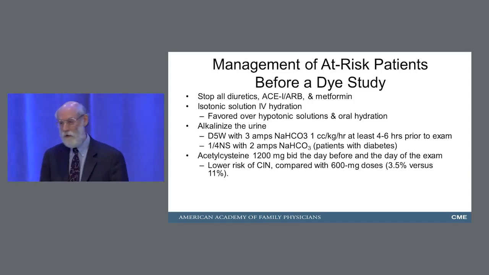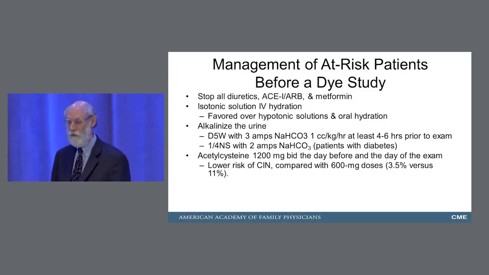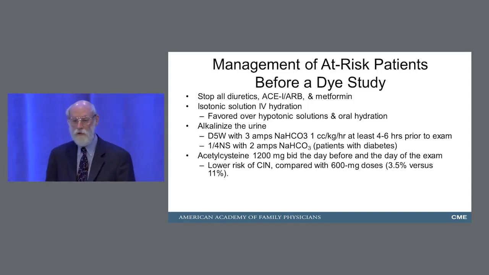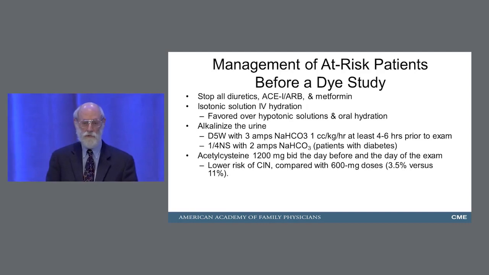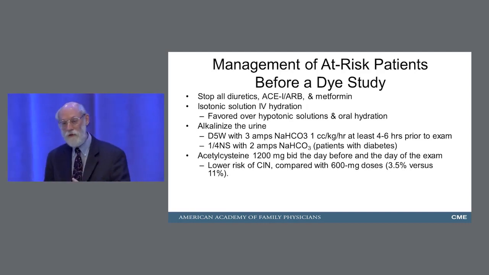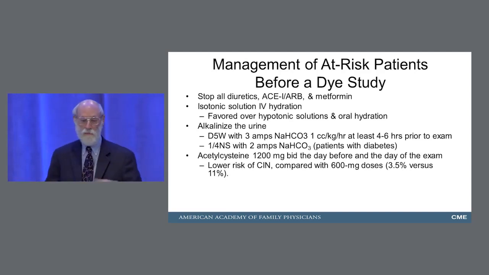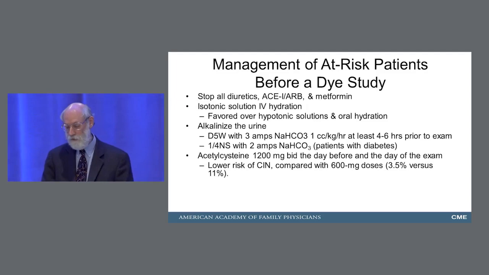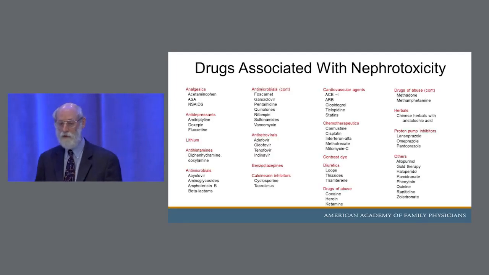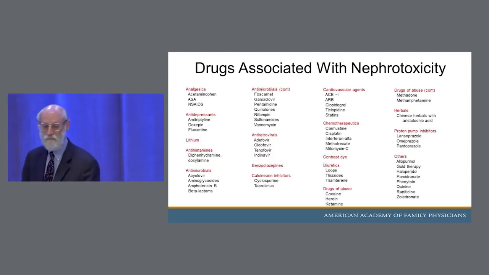If you look at the kidney guidelines, and we're going to see more of those next lecture, acetylcysteine is recommended. If you look at the American Heart Association guidelines for cardiac cath, they recommend hydration and alkalization of the urine. So there is a lot of controversy there. The data isn't all that great either way.